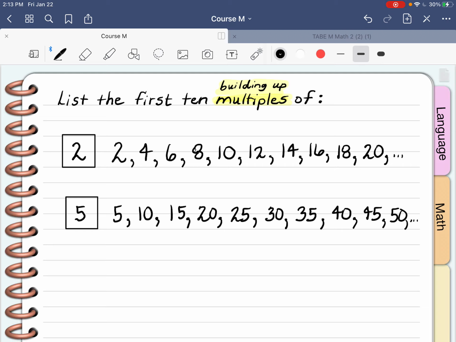And the ellipsis shows that it continues. I am just building up a list of multiples.